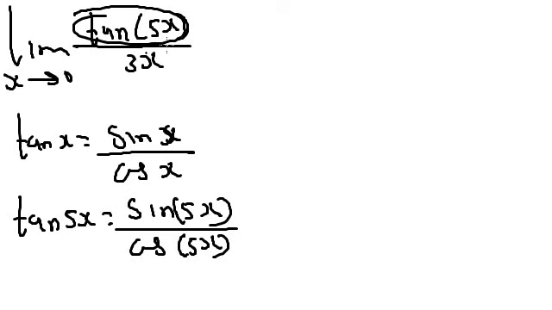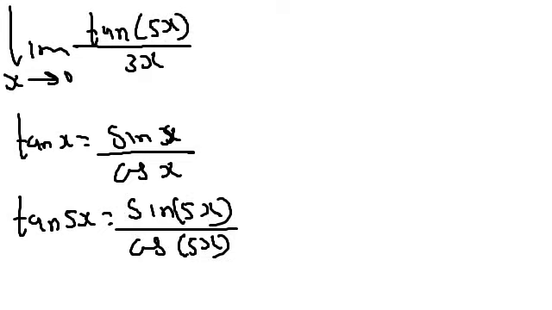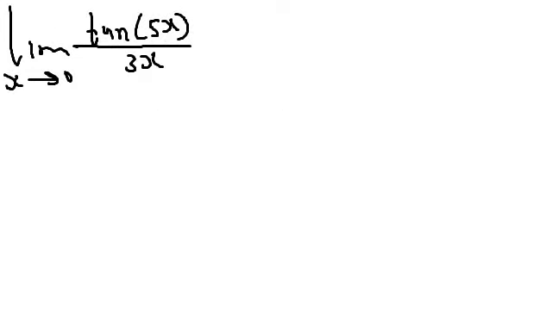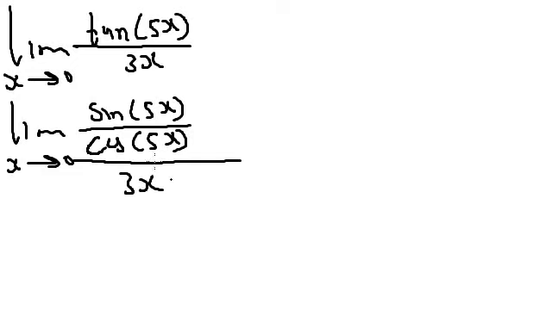We can replace this with this other expression. And therefore, we now have the limit as x approaches 0 of sine 5x all divided by cos 5x. Then the entire expression is divided by 3x.